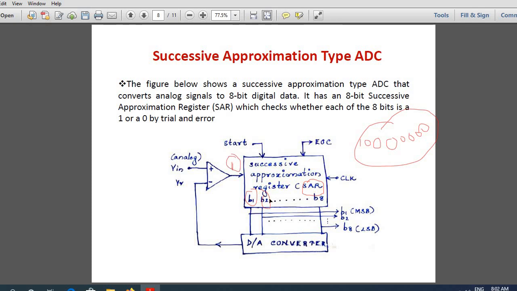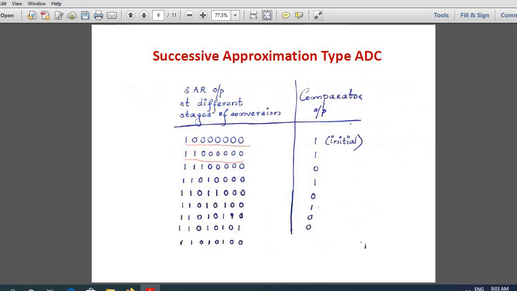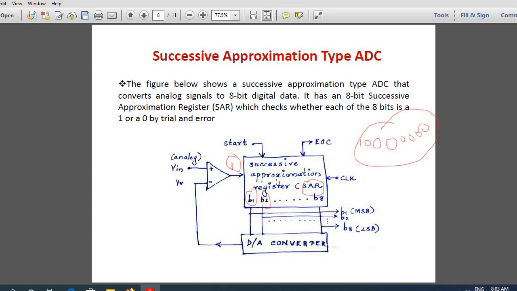It is an indication that 1 1 followed by zeros, that digital data, has not reached the value of your analog input, and therefore this bit should be retained as a 1, and the next clock will be given to set the next bit as well. See here. So 2 bits you have already checked. You are going to check the third bit. So your trial code is again 1 1 1 followed by zeros. It will be converted and compared with the analog input.